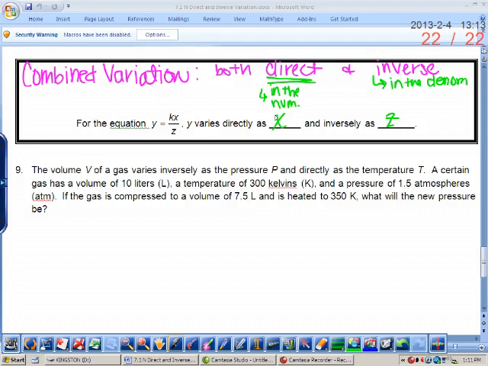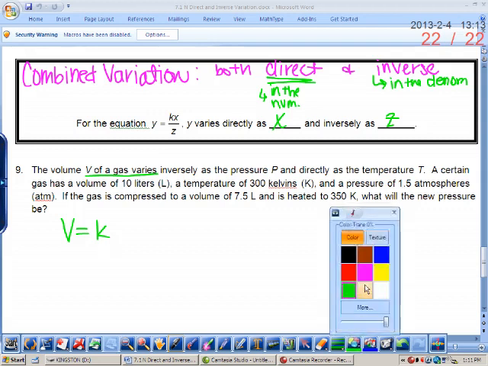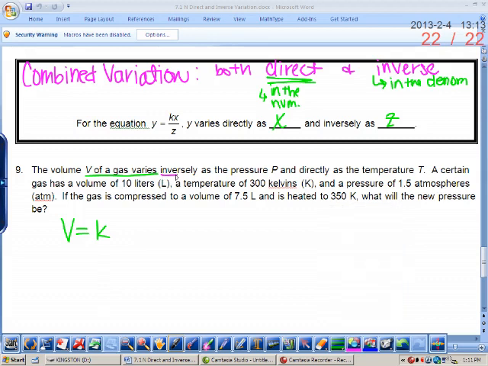So look at this. The volume V of a gas varies. As soon as we see that word varies, we write V equals K, because for varies I have to have a constant of variation, K. The next keyword says inversely as the pressure P. With inversely, where are we going to put that variable?